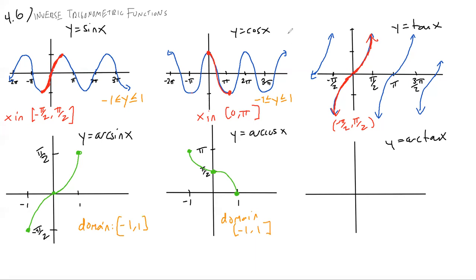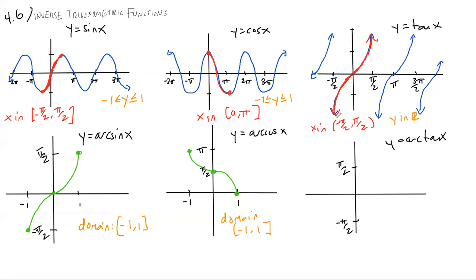And then finally, the arctan function. So same idea here. My x's are going from -π/2 to π/2. So I'm going to just draw those. For my y's, y is actually, for this one, all real numbers.